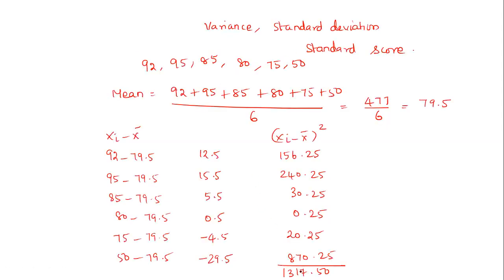Now let's calculate the variance. The formula for variance is the summation of xi minus x bar the whole square divided by n minus 1. From the previous slide, the summation of xi minus x bar the whole square is 1317.50.